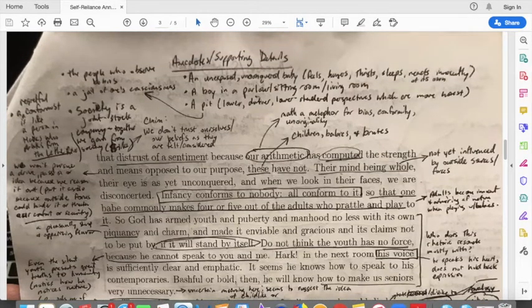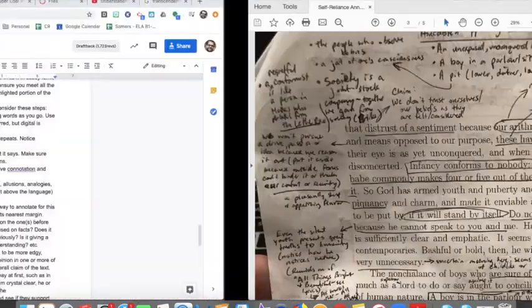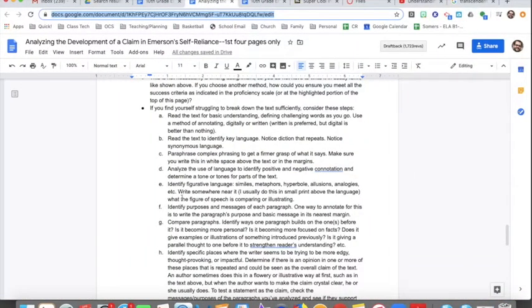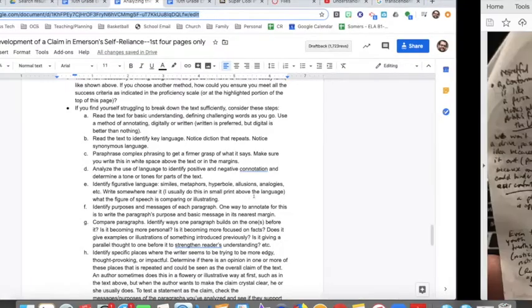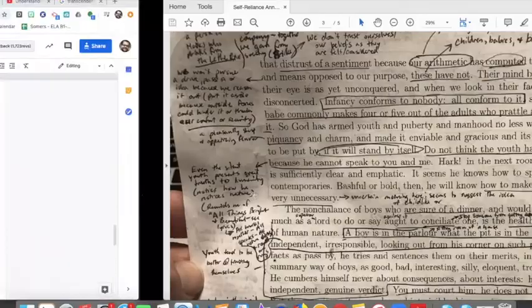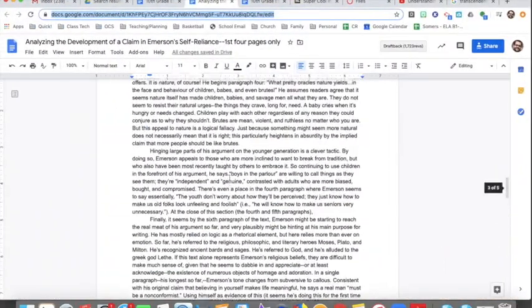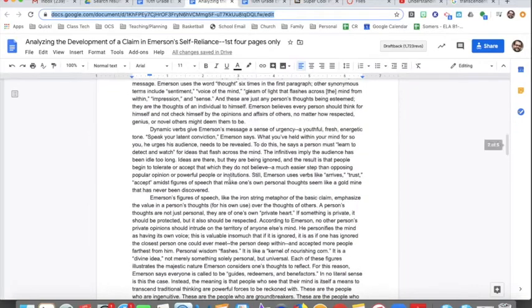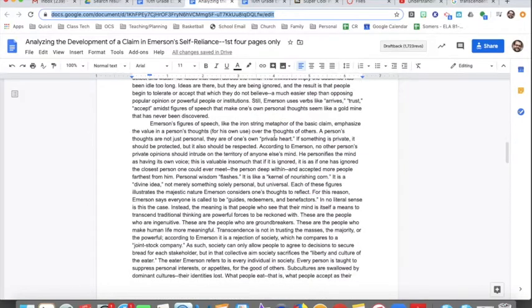at this point, I continued to read, and let's just go back. So, identify figurative language. In this, you'll notice I've analyzed for some figurative language. As figures of speech: the iron string metaphor, flashes of light, kernel of nourishing corn, guides, redeemers, benefactors, joint stock company.